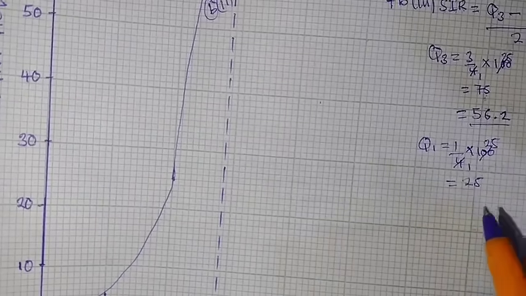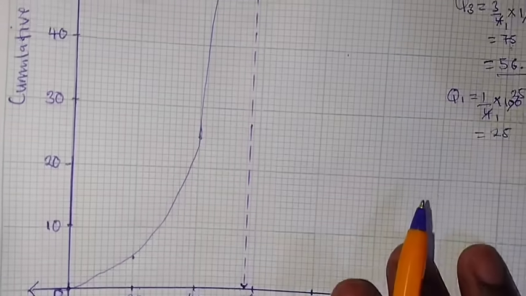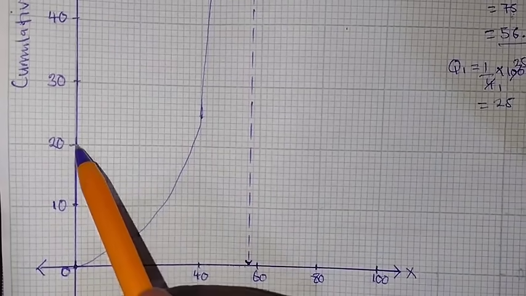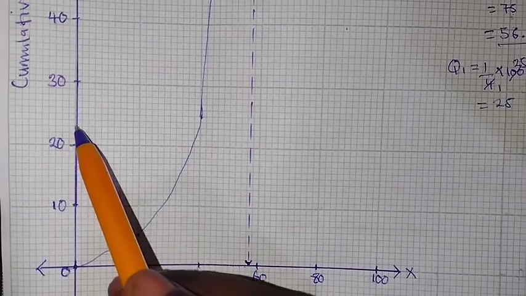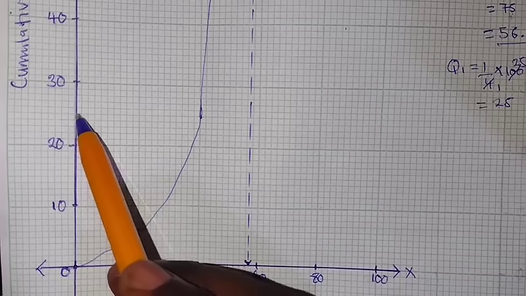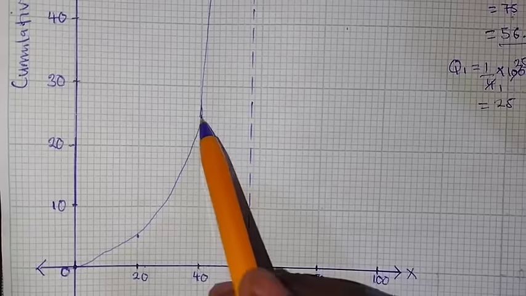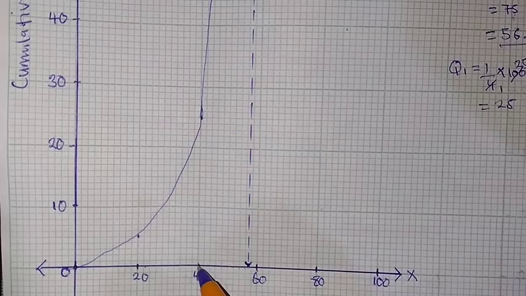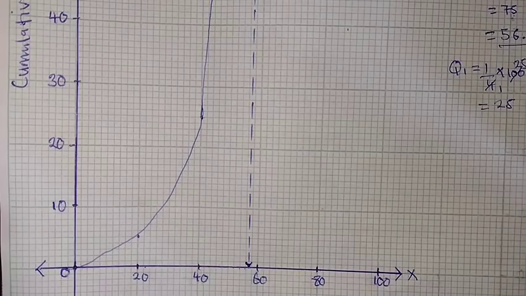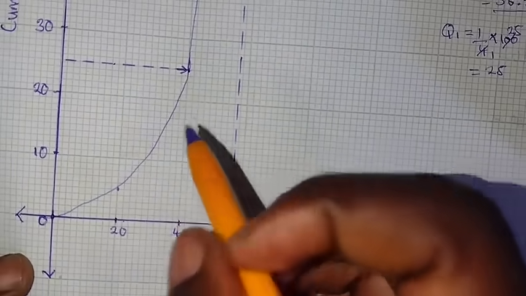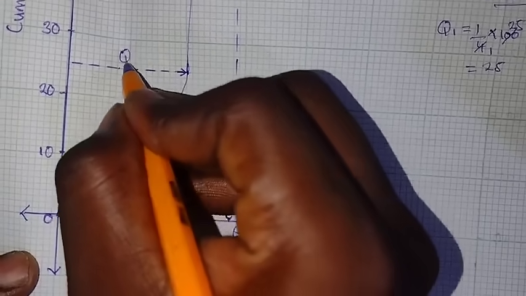25. You do the same. You come to the y-axis and identify where your 25 is. So 20 is right here, 21, 22, 23, 24, 25. Again you make the lines here, they come and touch this curve, then you bring down, and you get exactly 40. We have made these dotted lines, and remember, this is our Q1.